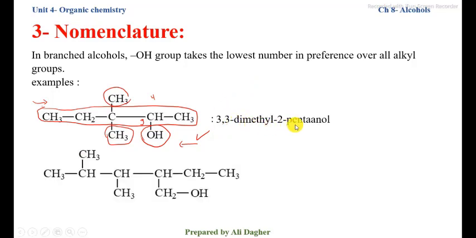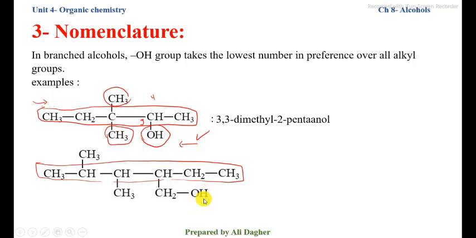3,3-dimethyl-2-pentanol. Another example, the main chain, if we count from this direction, 1, 2, 3, 4, 5, 6. This carbon chain is formed of 6 carbons. But this carbon chain does not hold the hydroxyl group.